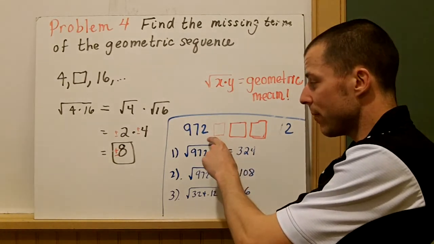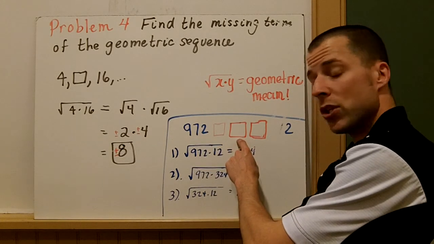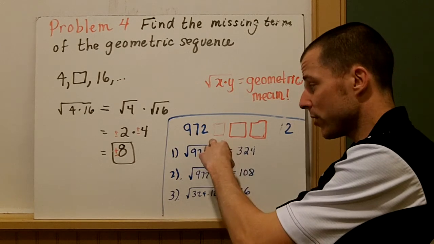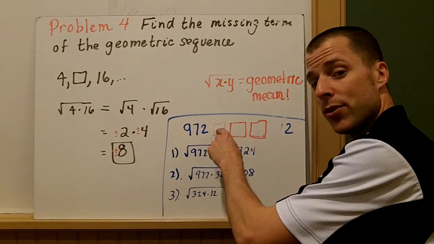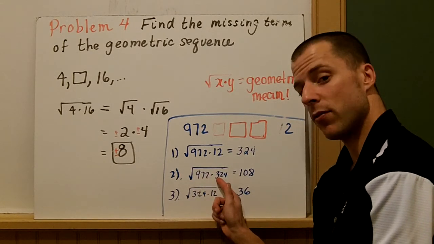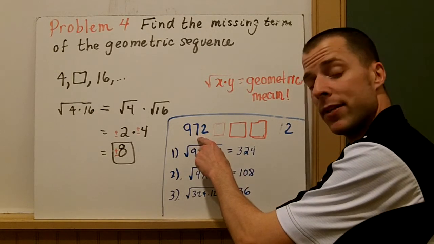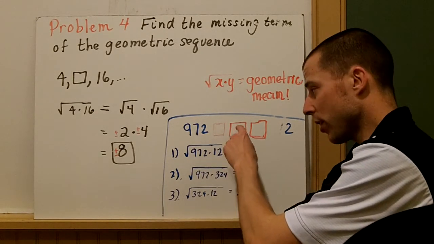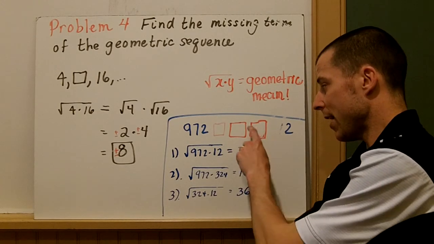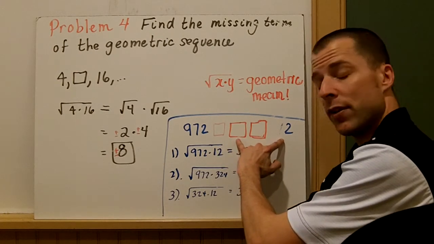So to get this number, now I know the first and the third, 972 and 324. So I can take the geometric mean of 1 and 3, the first term and the third term, to get term number 2. So the square root of 972 times 324, that gives us 108. So 972, 108, 324, blank, and 12. I have 324 here and 12, my third and fifth term.